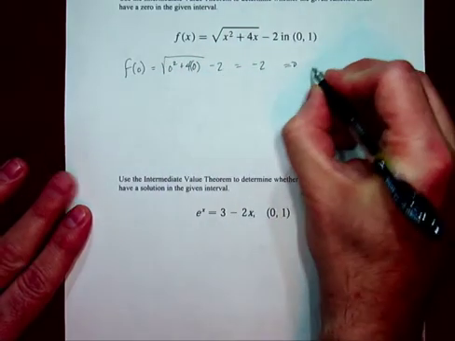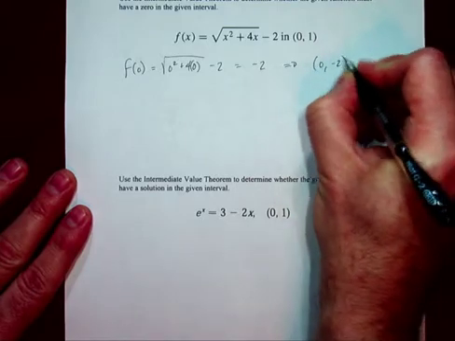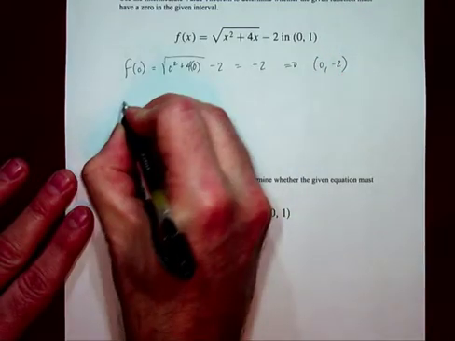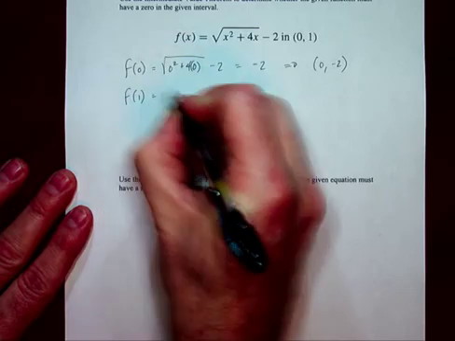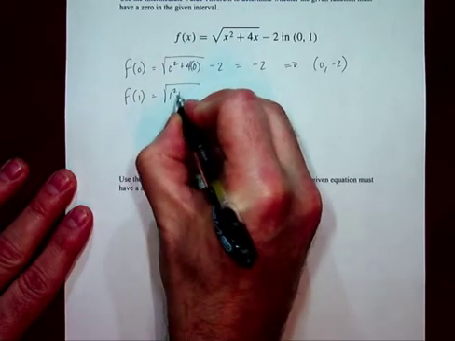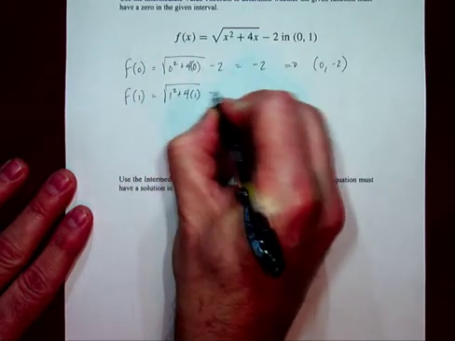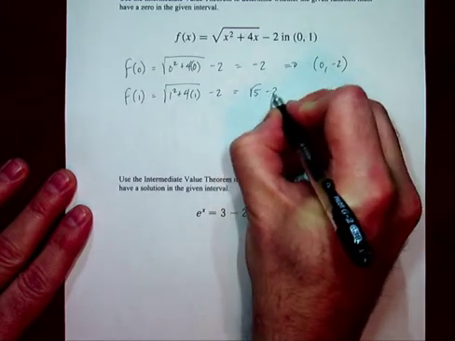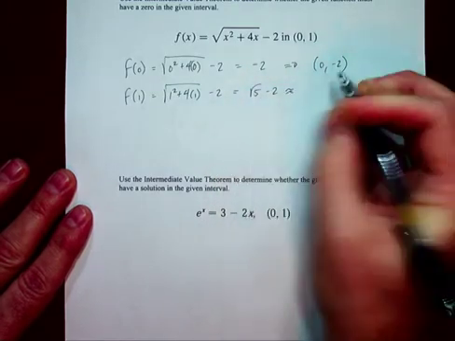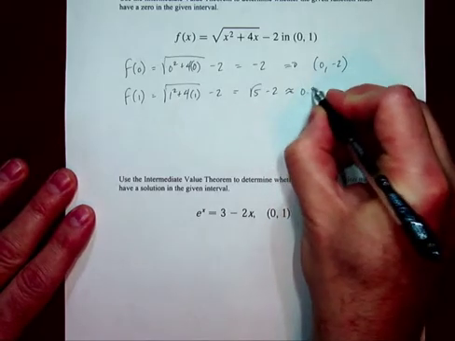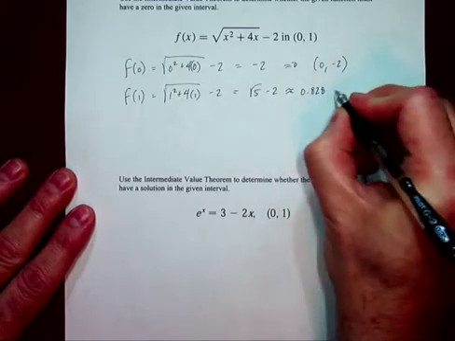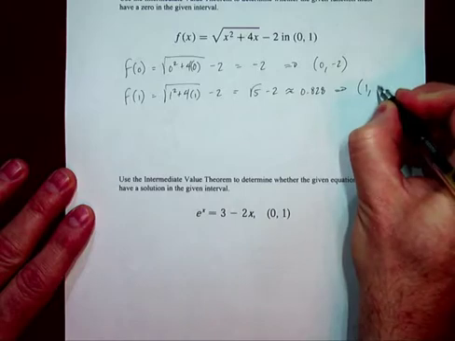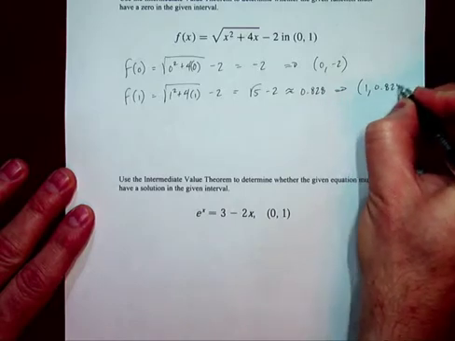That gives me the ordered pair (0, -2). Let's go ahead and plug in 1, and you're going to get 1 squared plus 4 times 1 minus 2, and that's going to be the square root of 5 minus 2, which is approximately 0.828, okay? And so that's going to give you (1, 0.828).